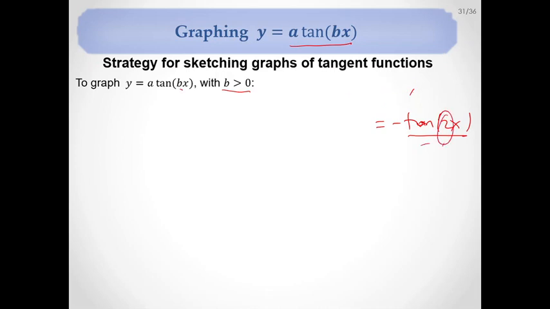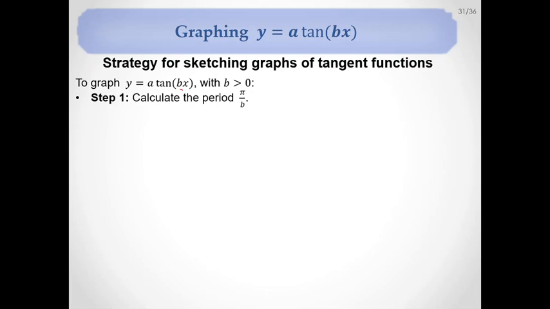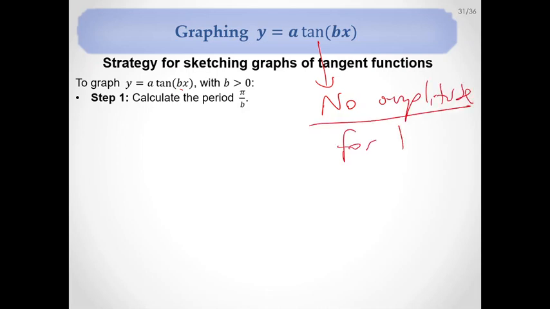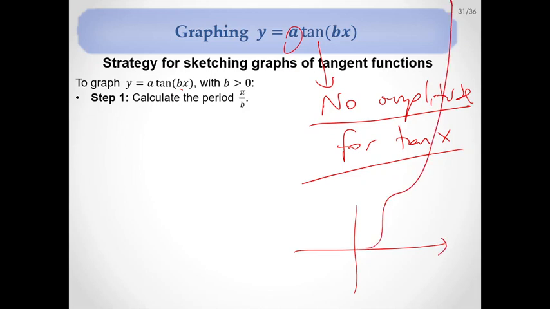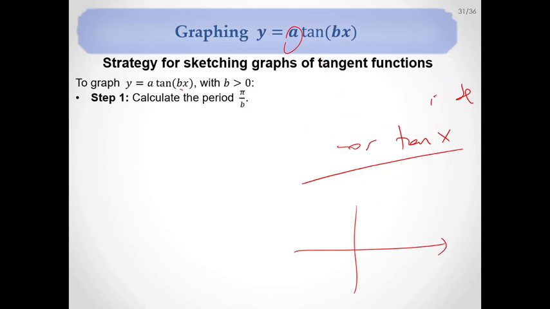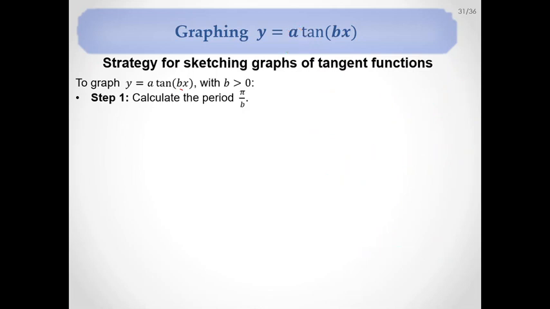Now, there is no amplitude for tangent x, by the way. We don't say a is the amplitude, because the amplitude gives the height. What's the height? The height is infinity. So you cannot take it as an amplitude. It's a periodic function, but it's not sinusoidal.